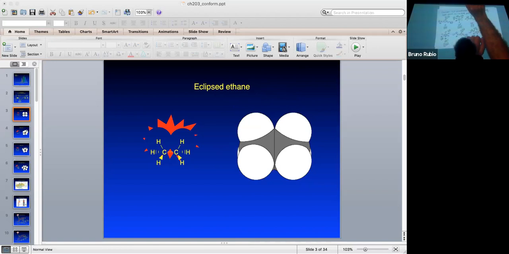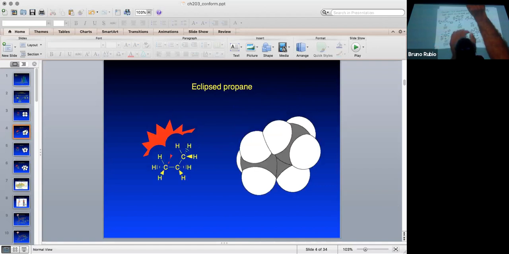The hydrogen-hydrogen eclipse is worth 4 kilojoules per mole. But now, when I switch out one of the hydrogens for a bigger methyl group, the methyl-hydrogen eclipse was worth 6 kilojoules per mole. That's more strain energy because the methyl group is bigger than a hydrogen.